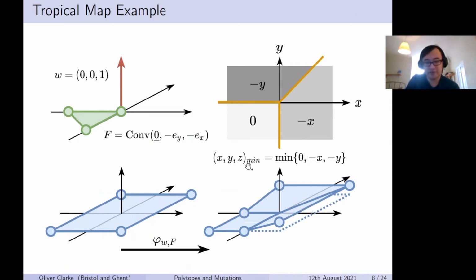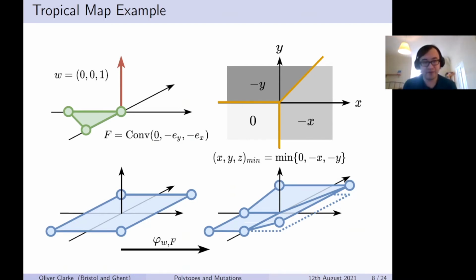So what does the tropical map do? Let's take a sheet of paper, and after applying the tropical map, you can see it sort of folds the paper in two parts. So it folds it up in one way and folds it to the side in the other, and you get these crease lines, which are these orange lines in the above picture.